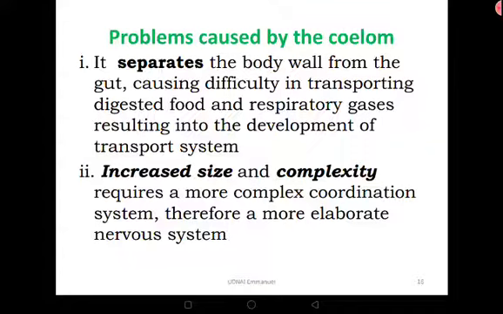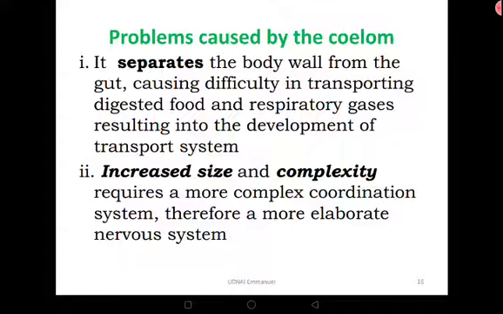That arrangement creates spacing between different organs, but also between organs and the body wall, such that if materials are to be transported from the body wall to any of the organs, the distance is long, and therefore there is a requirement for a vascular or transport system. Yes, so that means it is problematic. The presence of the coelom makes transportation of materials a little bit difficult, and therefore necessitates a vascular or transport system.